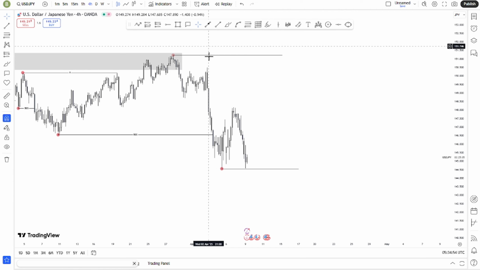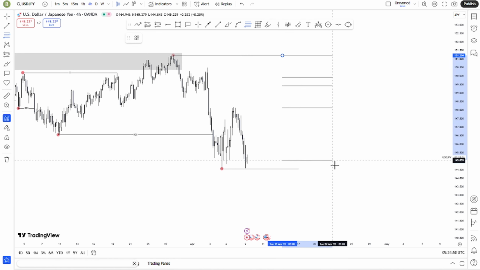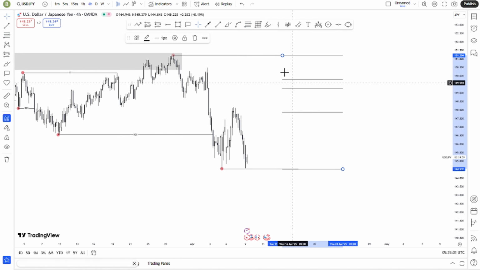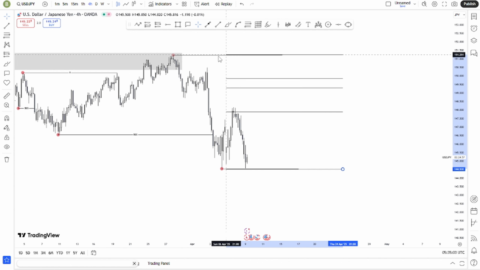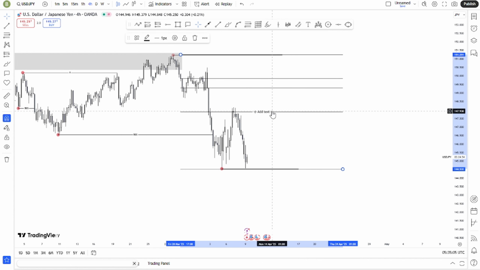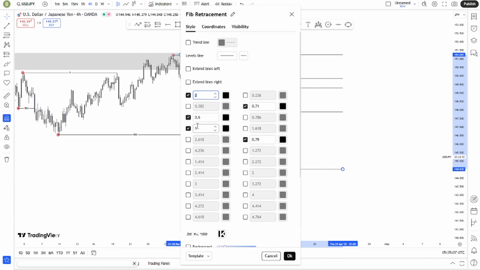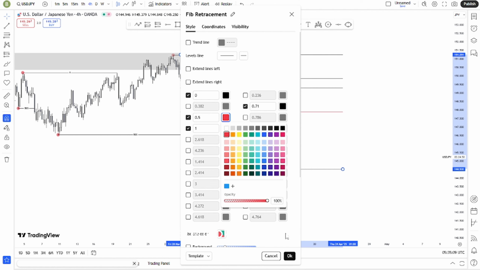Now, as you can see, from the high to the low, you can just take your Fibonacci tool just like that to the low. And then the anticipation is, whenever we use the Fibonacci tool, what we want to do is take entries above this area here, just because we are looking for selling opportunities.